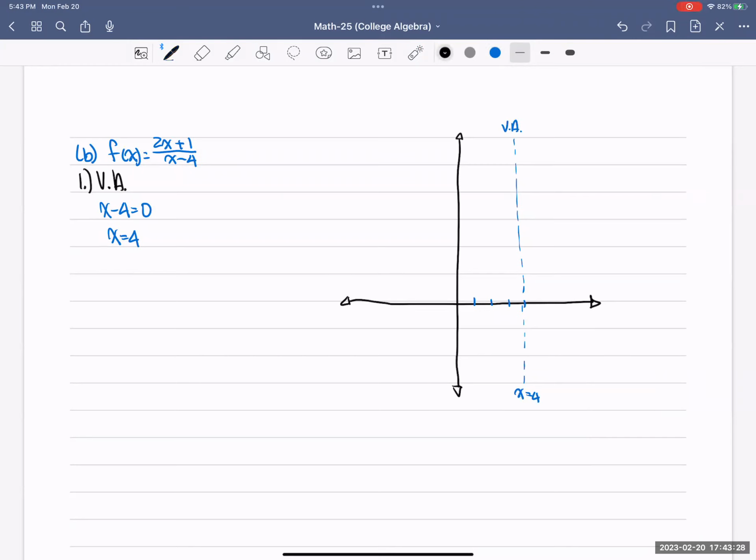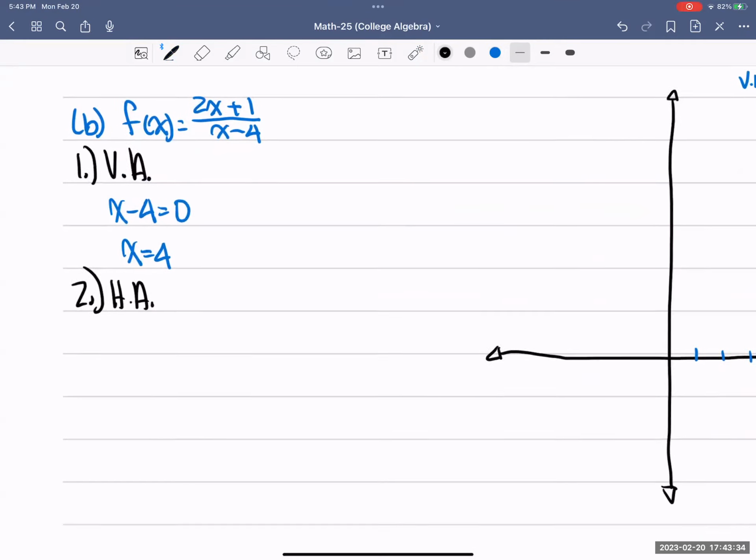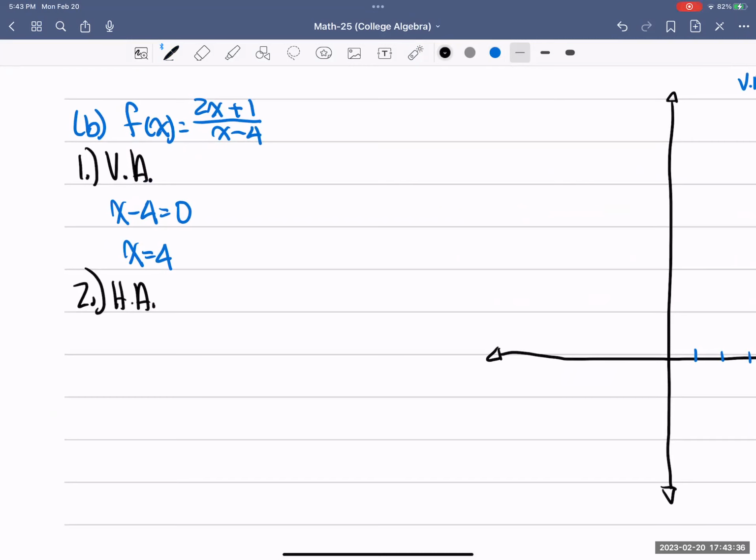And next, let's work on the horizontal asymptote. So horizontal asymptote is determined by our end behavior. And in a rational function, that's going to end up being y is equal to something. So in this case, y is going to be equal to the leading term in the numerator versus the leading term in the denominator. So that's going to be 2x over x, which the x's end up dividing out, leaving us with 2.